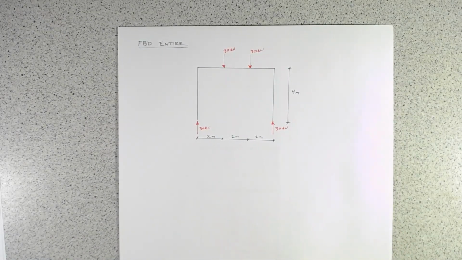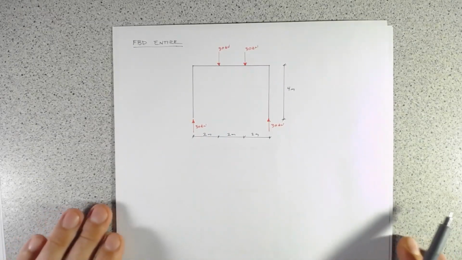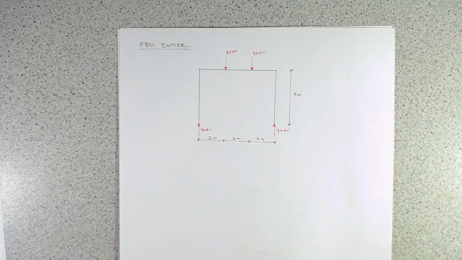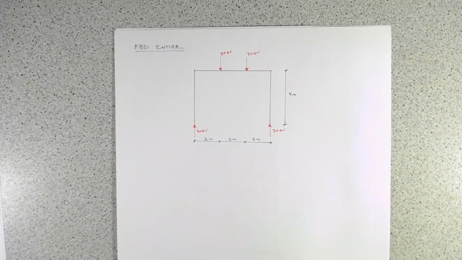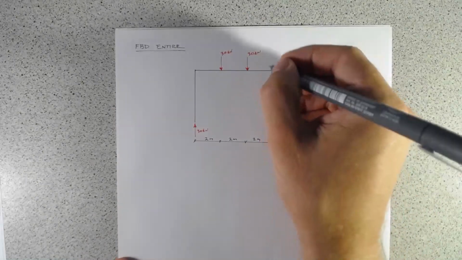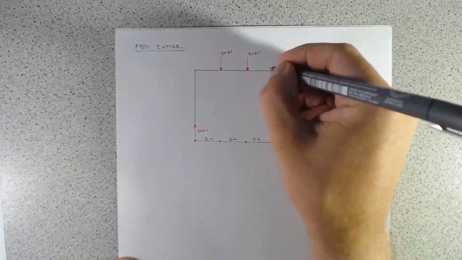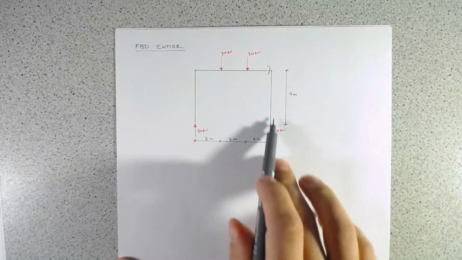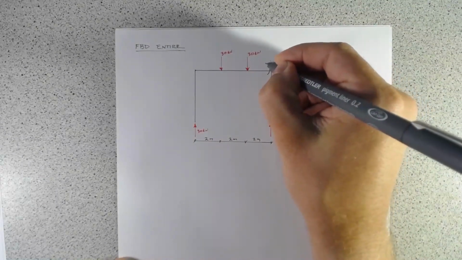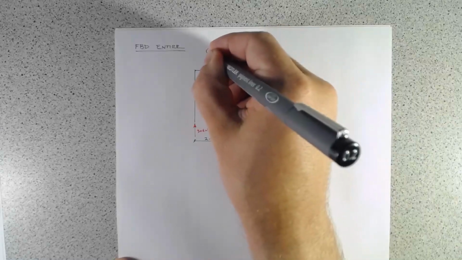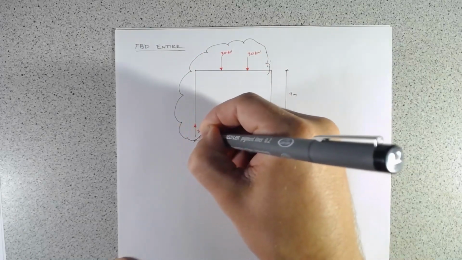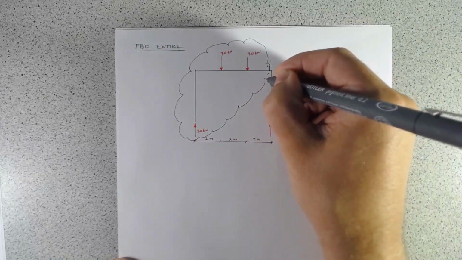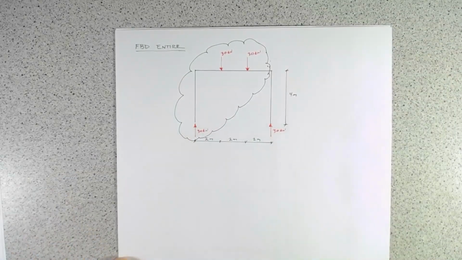And remember, free body diagrams are there to take a more complicated system or structure and break it down into pieces which we understand. And so I'm going to take 3 different cuts. My first cut will be just to the left of this column, and it's going to encompass all of the left-hand side.